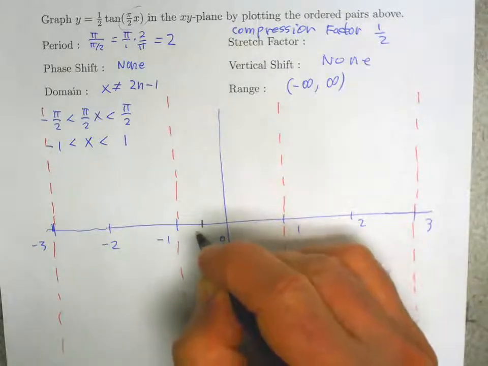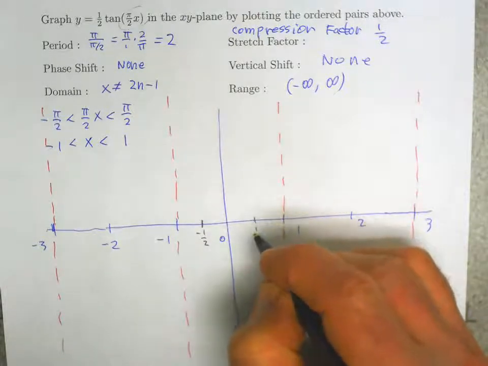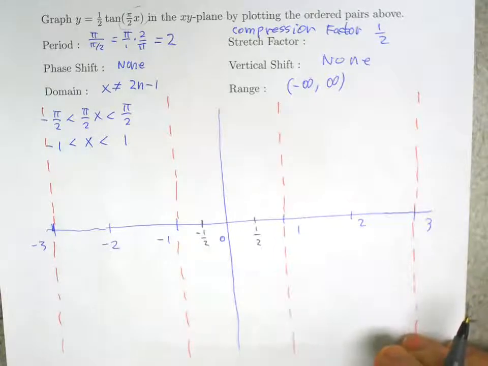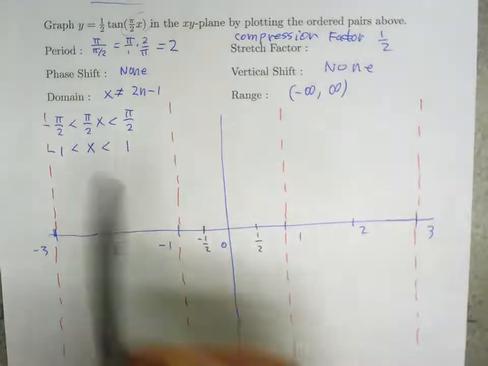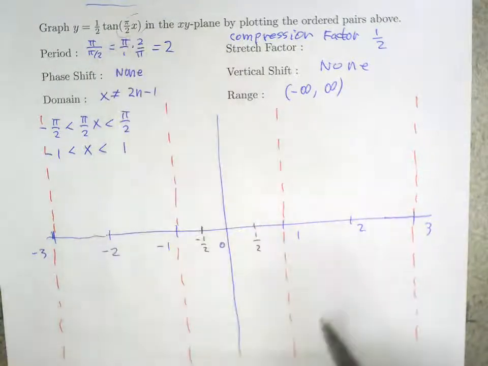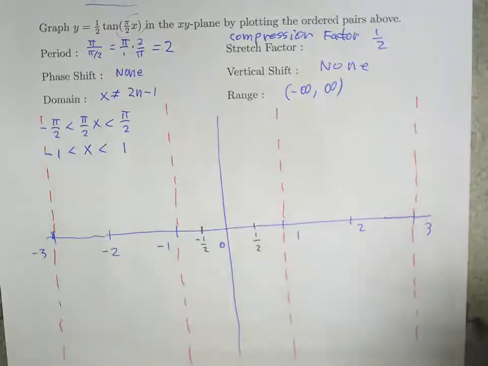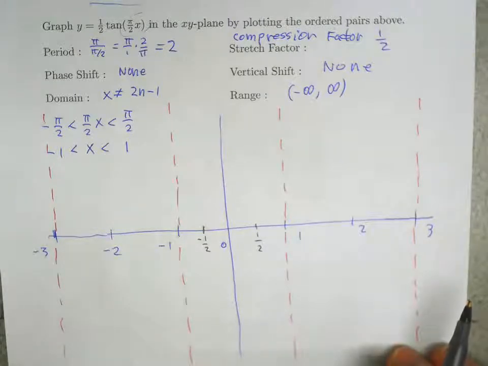When x is -1/2, 0, and +1/2, we'll evaluate y equals 1/2 tangent of pi over 2 times x at each of those 3 values. We'll plot those values and then draw the graph through those three points.